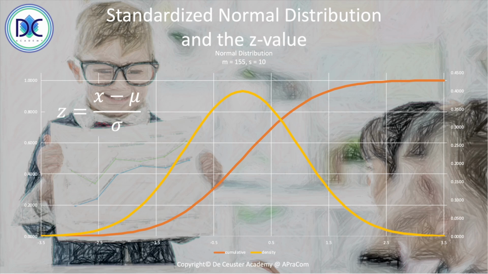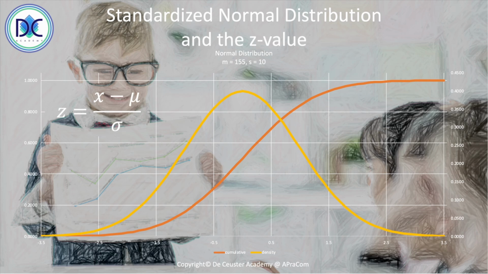And the reason that people made this standardized normal distribution is that in the past it was very difficult to do all these calculations, and it would have been necessary for every value of mu and sigma to create a new normal distribution.